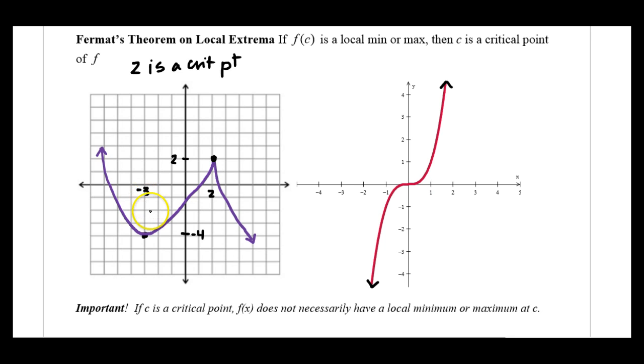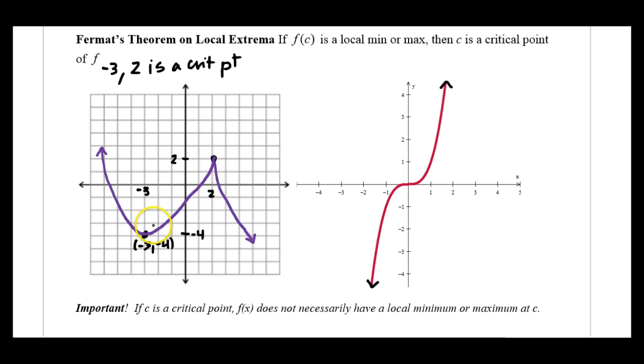So that happens over here at negative 3. So this coordinate point is (negative 3, negative 4). So the x value that corresponds to this local minimum is going to be a critical point. So 2 is a critical point and negative 3 is a critical point because we had a local min and a local max at these two different locations.